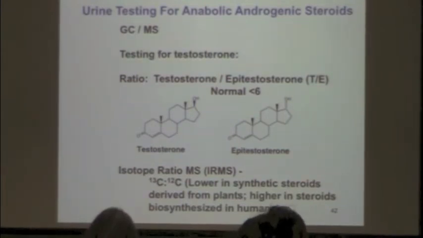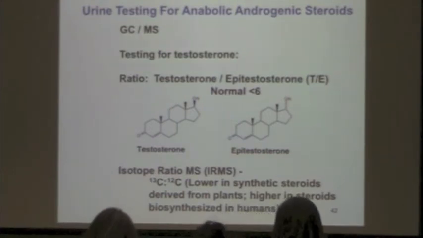And also they can use radioisotope measurements. In fact, not even radioisotope, but C13 to C12 ratio. Because the steroids that come from the bottle, pills, tablets, have the ultimate origin in a plant.